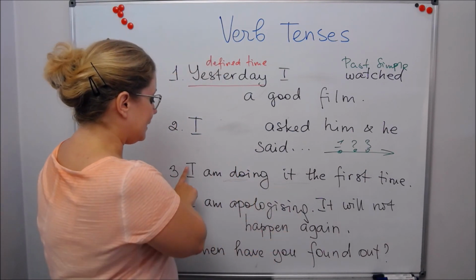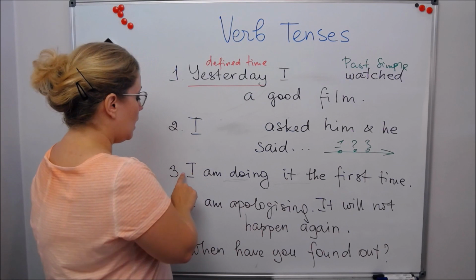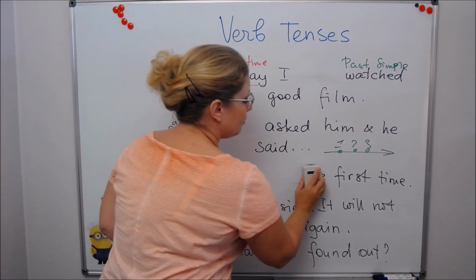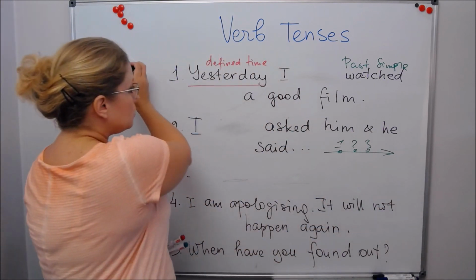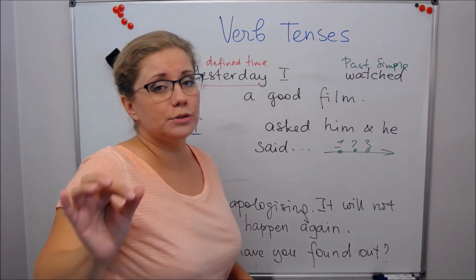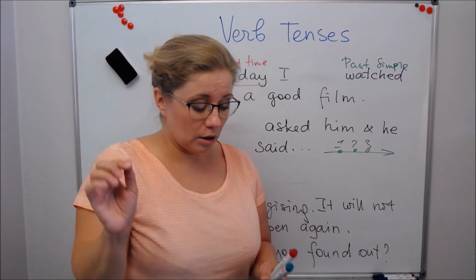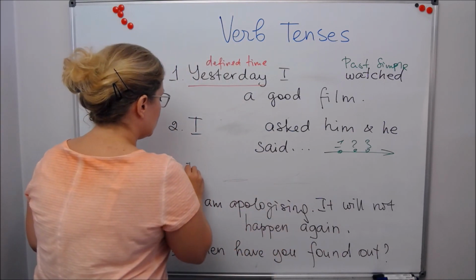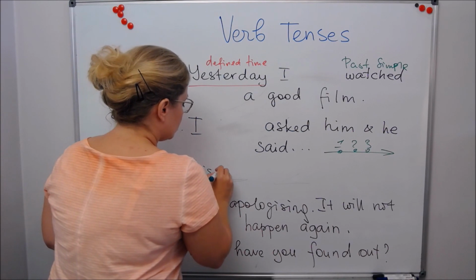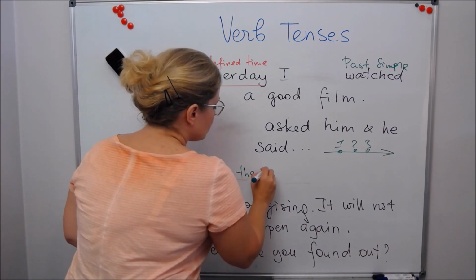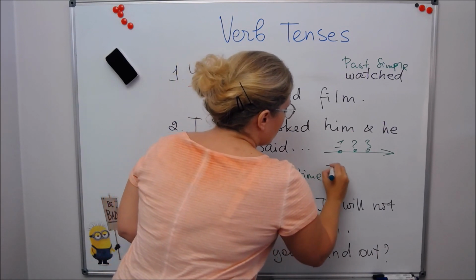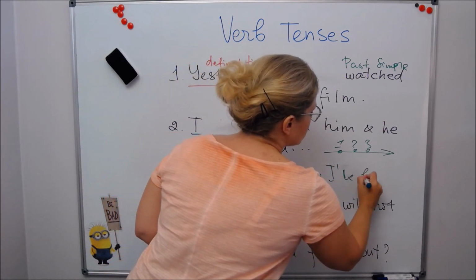That's why here in particular I will have to change the whole structure. If you are talking about the first, second, third, doesn't matter, time of doing something, about your experience, you will say it like this: "This is the first time I've been doing it."